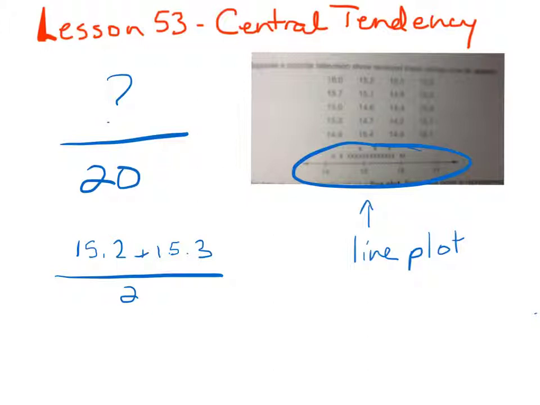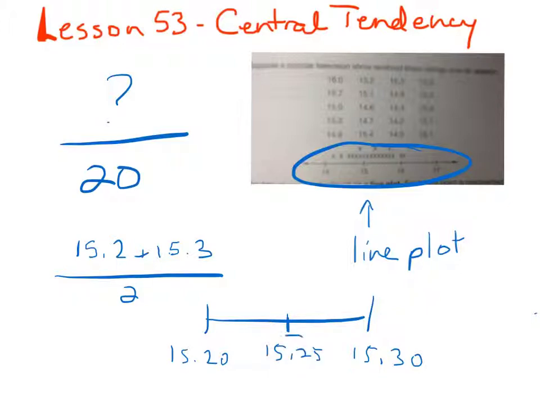So now on a number line, I know between 15.2 and 15.3, if we add zeros there, hey, that's 20 and 30. The middle number will be 15.25. So that's going to be my median, 15.25. I could also solve that here by adding these two together and then dividing by 2.